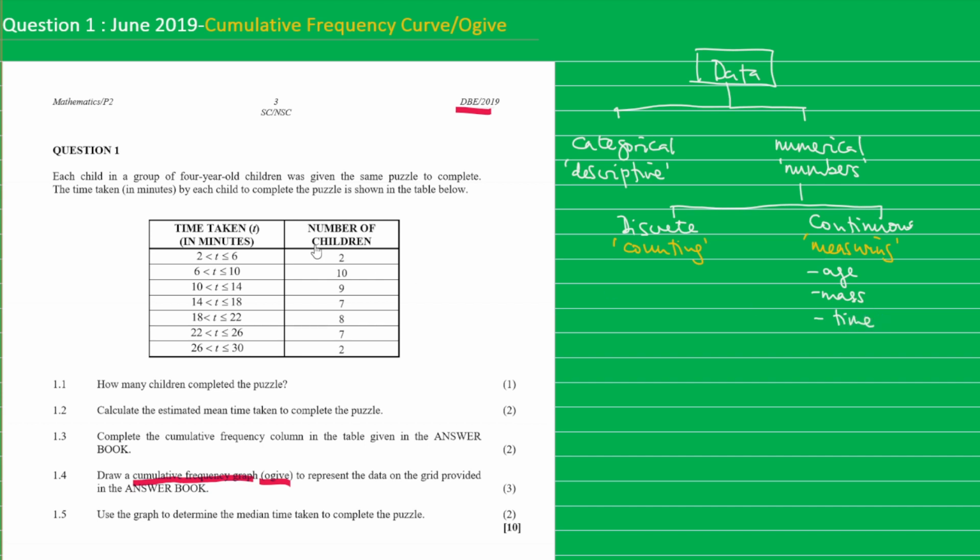That's why here we have time. With continuous data, we tend to make use of decimals when we are measuring. For example, age: you can have 2 years, 3 months, and weeks, days, and so on. So there are fractions to this type of data. Mass is the same thing. We can have 3.5 kg and so on.